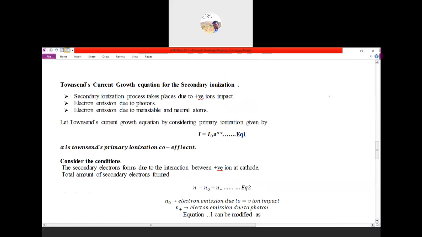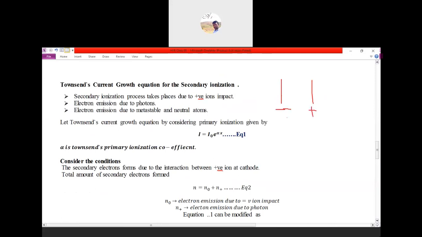Here I is the total current, I naught is the initial current, alpha is the Townsend primary ionization coefficient, and x is the distance between the two electrodes.